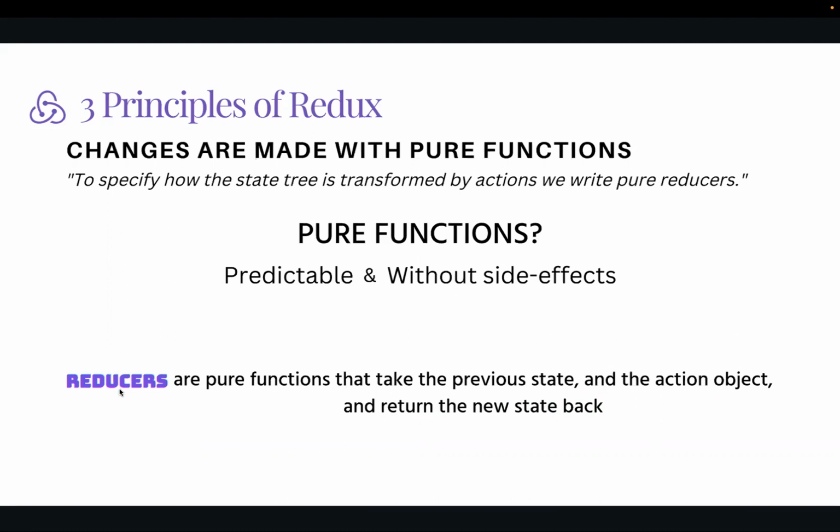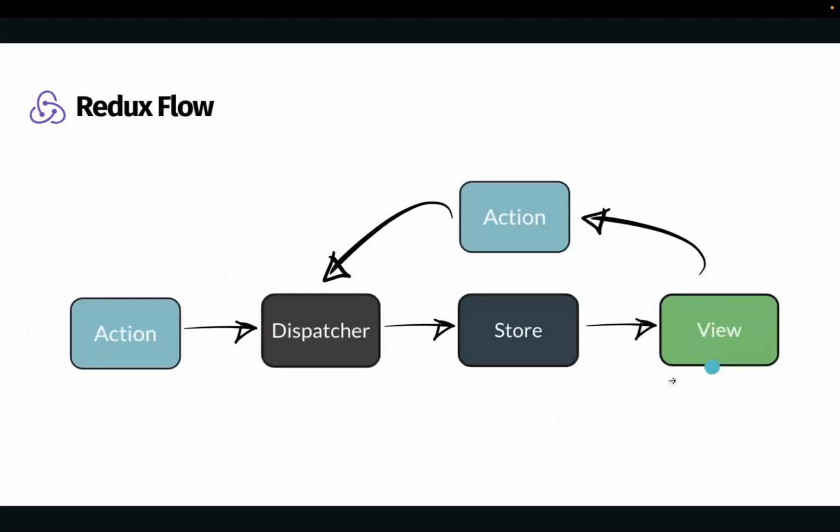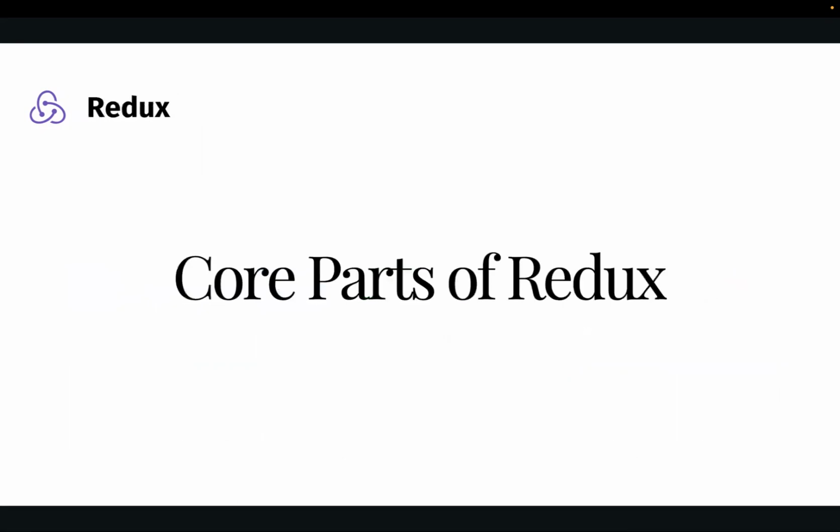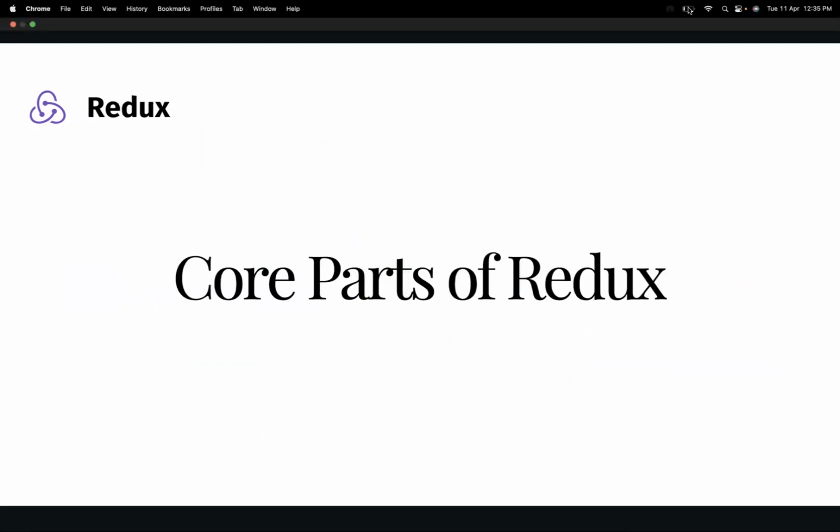Not only state, a new state. It returns you a new state. Redux flow is simple. From the view, you trigger an action. The action goes to the dispatcher, and the dispatcher goes to the store. Simple. So there are some core parts of Redux.